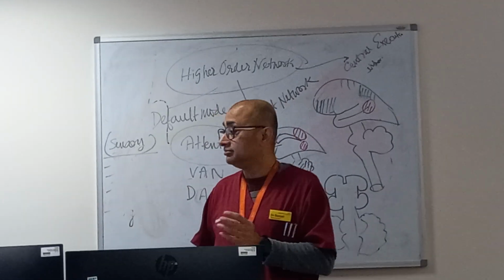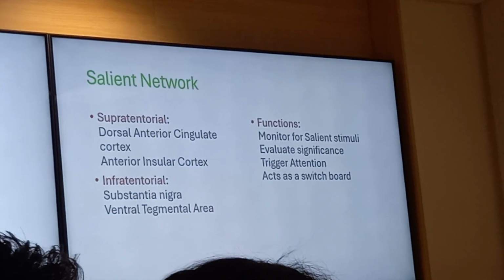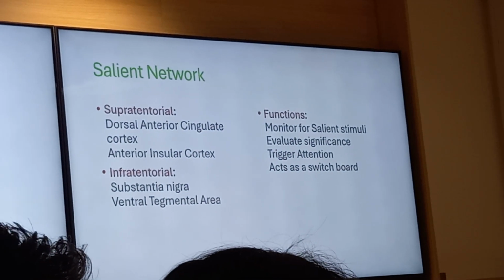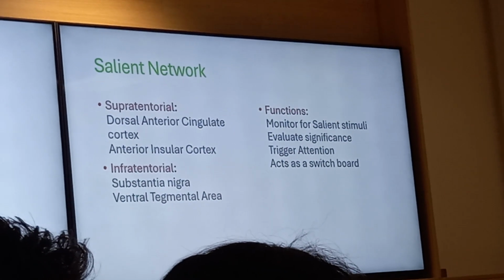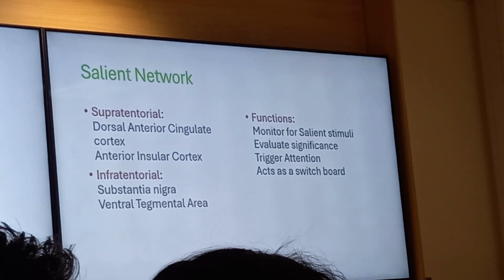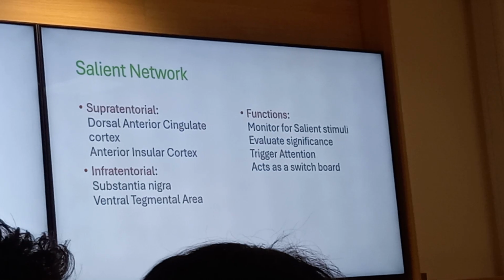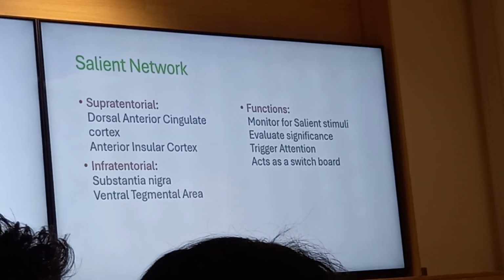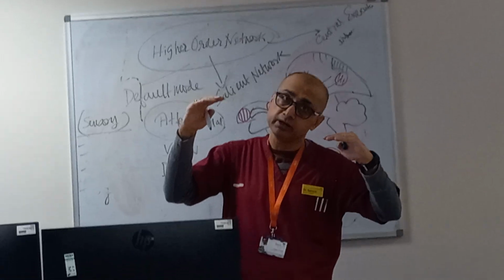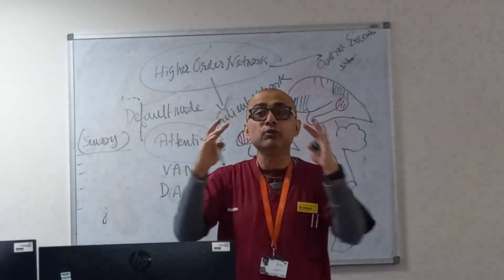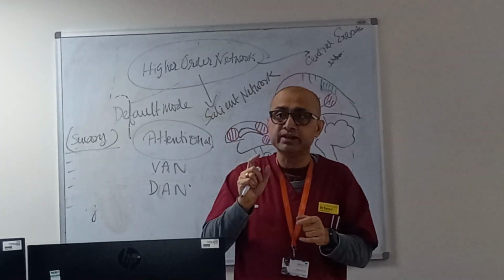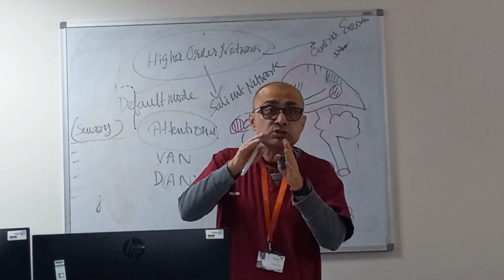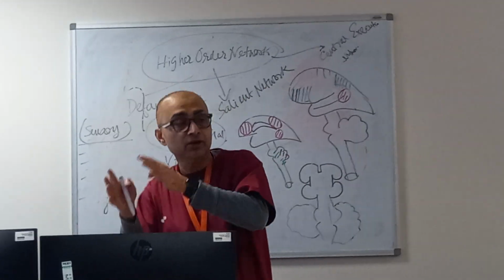Go back. So next is the salient network. Salient is like a switch. So in the normal state, we are fluctuating from default to central executive all the time. Sometimes we are more in central executive, sometimes we are more in default, but we fluctuate. And who is the switch? That's the salient mode network. So that is switching us from one to the other.